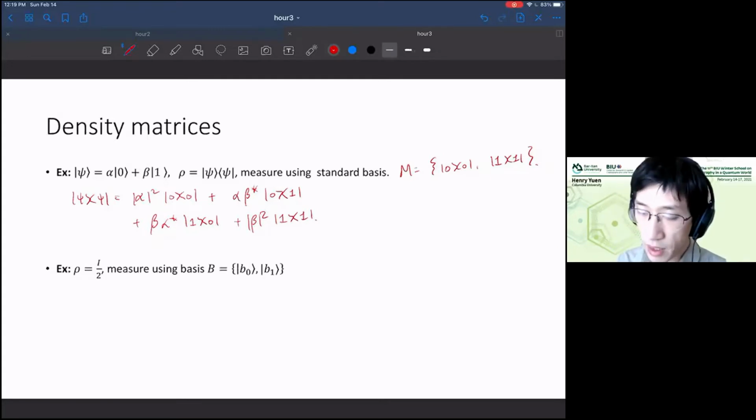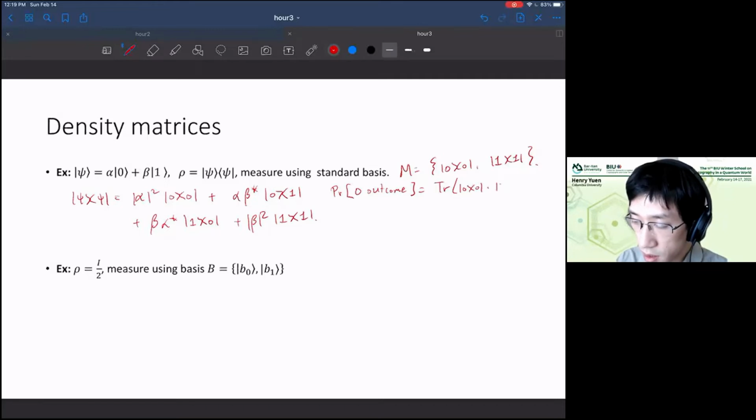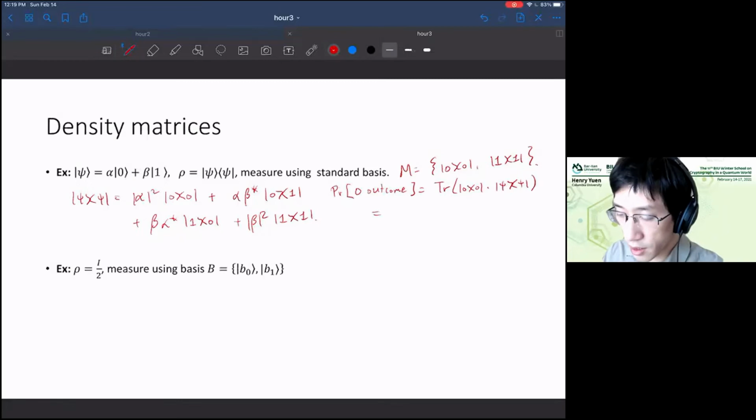And now we can compute the probability of, let's say, the 0 outcome. You take the trace of |0><0| times the density matrix of psi.